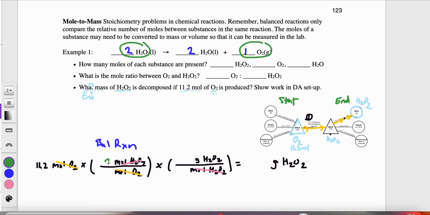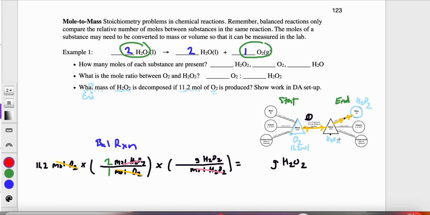So for every 2 moles of H2O2, according to this reaction, it requires 1 mole of O2. Now, here in the next equivalence, I have moles of H2O2, and I need to get to mass of H2O2. I know that I wrote over this, but if you look carefully at it, to go between the moles of H2O2 and the mass of the H2O2.